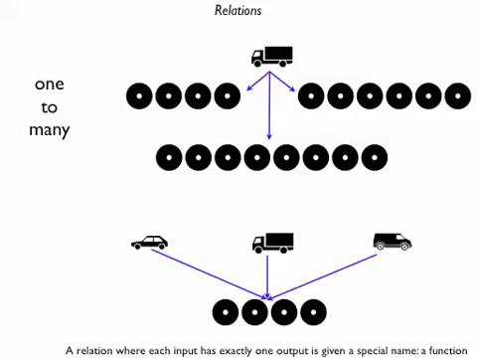You have car going to 4 wheels, truck going to 4 wheels, van going to 4 wheels. This is what we call one-to-one because each input has only one output. And if you read down at the bottom, it says a relation where each input has exactly one output. We give that a special name. It's called a function. So the bottom here is a function and the top is not.